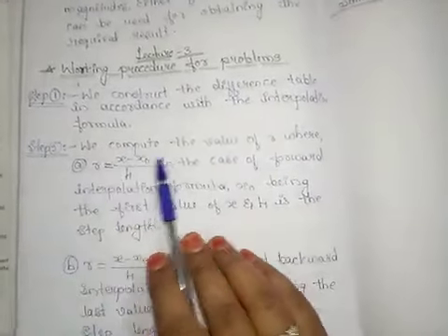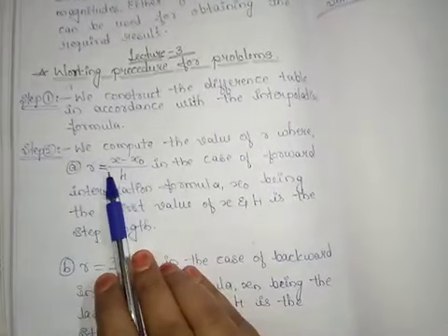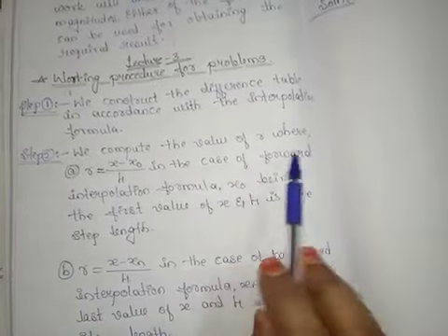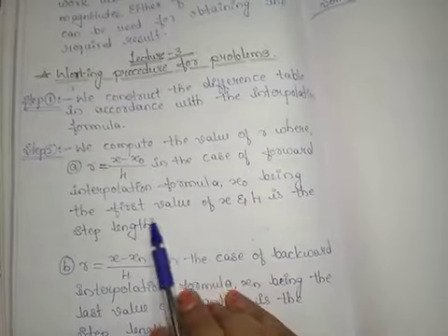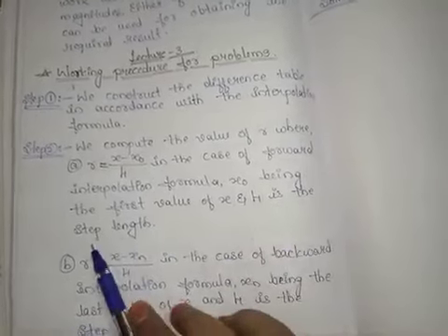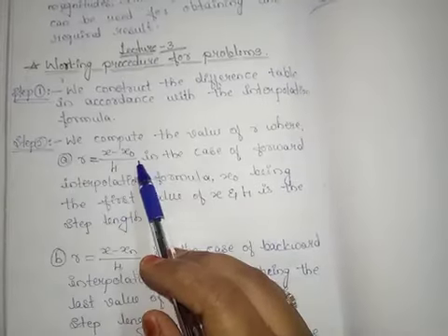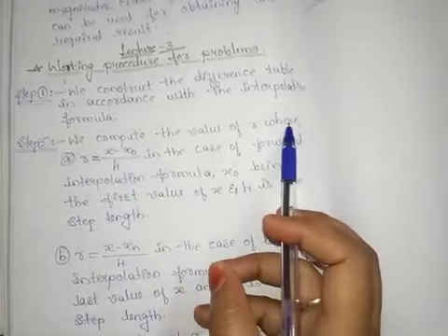Next we compute the value of r, where r is equal to x minus x naught divided by h in the case of forward interpolation formula, x naught being the first value of x and h being the step length. Second step is we compute the value of r.